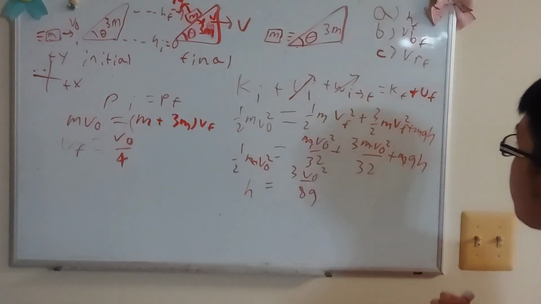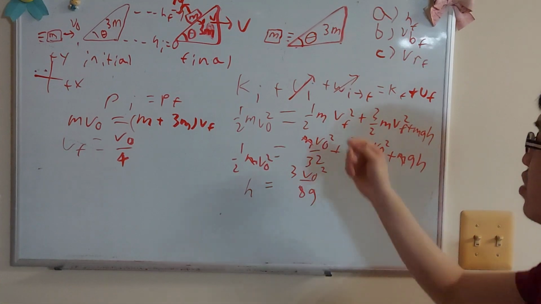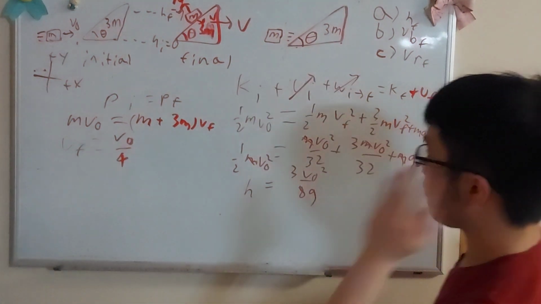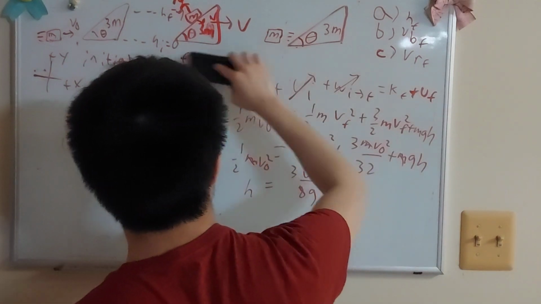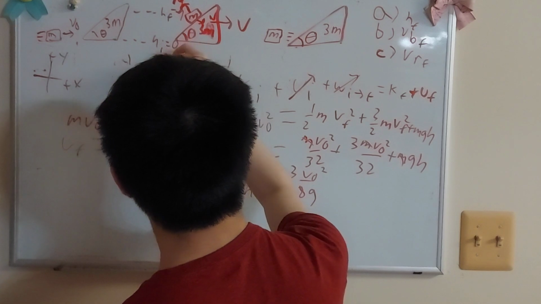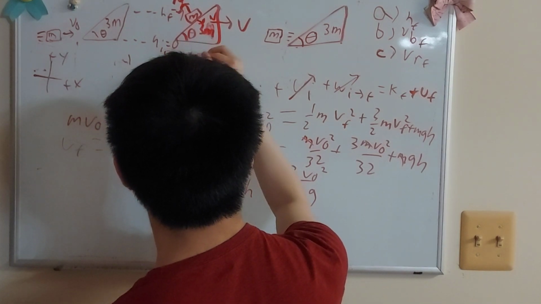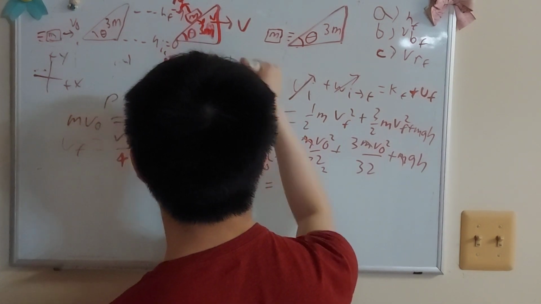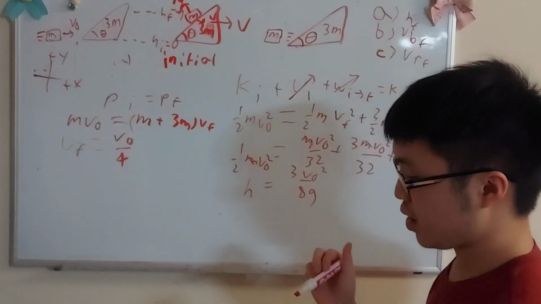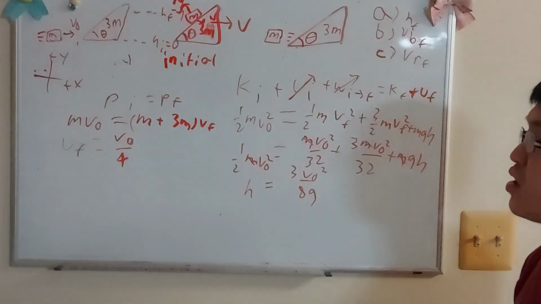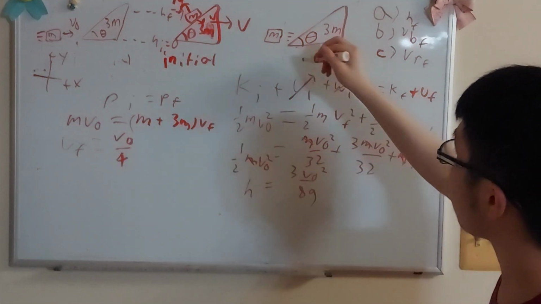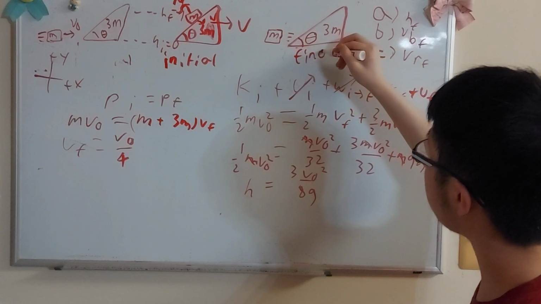Now we need to solve for part b, which is what's the final velocity of the block once it separates from the incline. Well, now let's call what we called final in part A initial in part B, which means that our total energy in part A will be initial here in part B, and our final momentum in part A will be initial momentum in part B. Let's call this, when it separates, final.